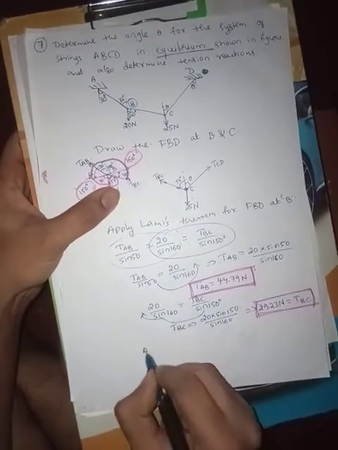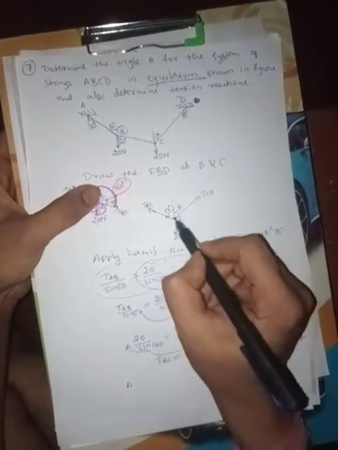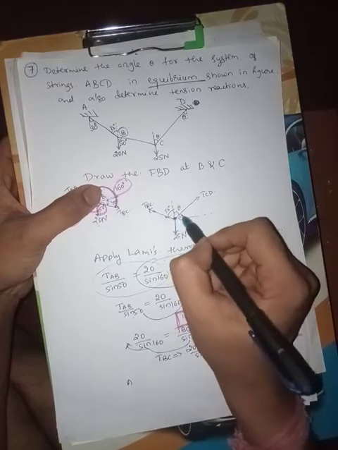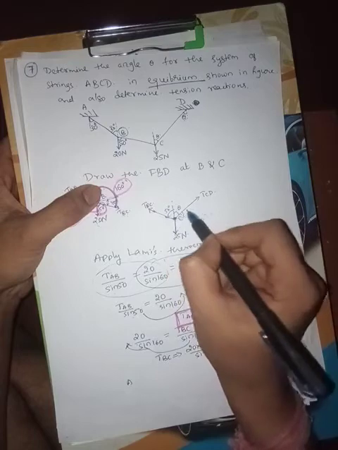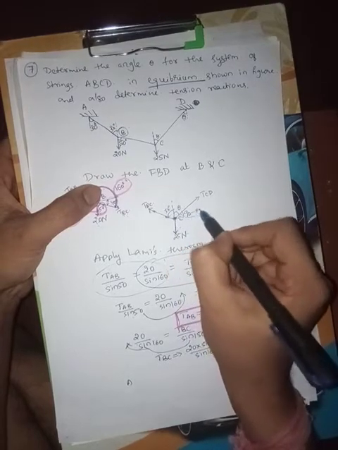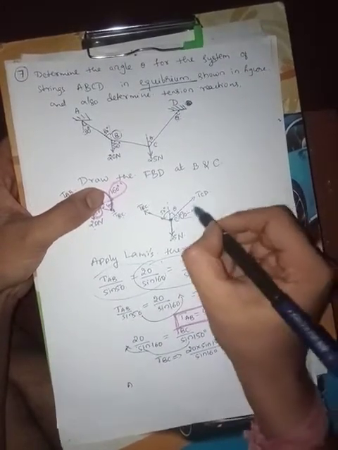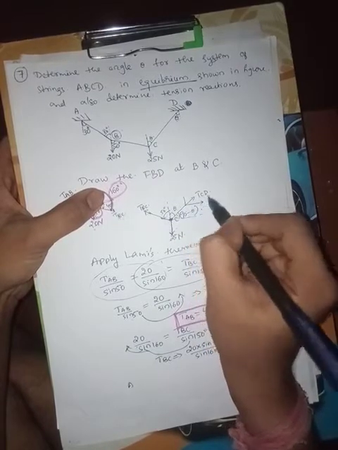Before that, I will resolve the forces here. If this angle is theta, then with respect to the horizontal plane this one is 90 minus theta. So I resolve the forces here for the horizontal.